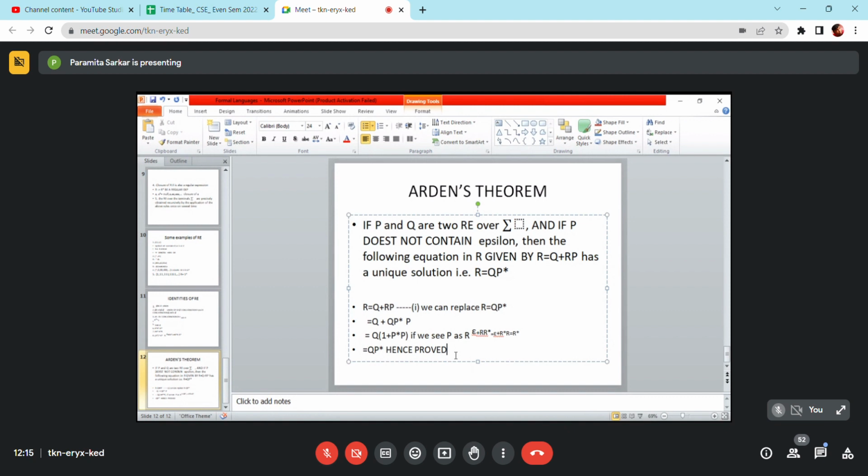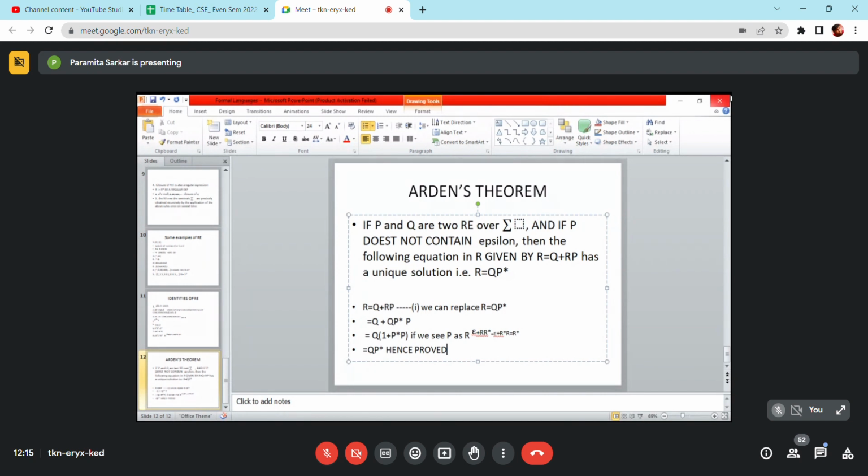If we continue this, we can get the equation after n times: Q plus QP plus QP square, and so on. Ultimately we get plus QP to the power n after n times, when we repeat the steps. In the last line, if you see the picture, RP cube, here we write RP to the power n plus 1.